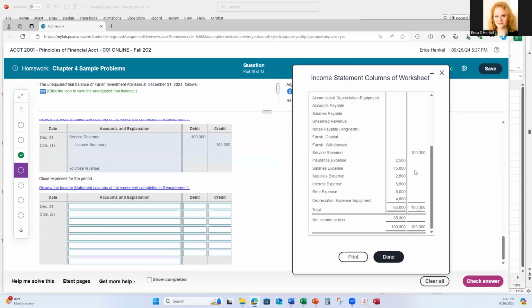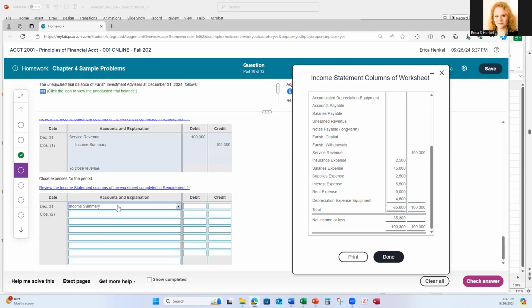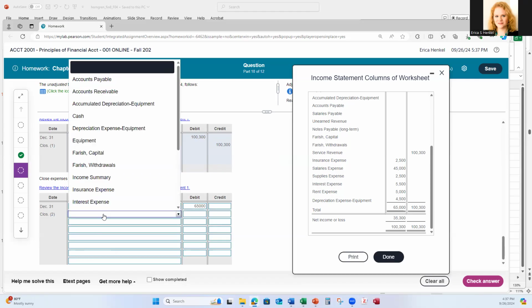All right, and then our next entry, these expenses all have a debit balance, so we need to credit all of those. So we know that if we're crediting these, our debit lines always go first, and we're closing these again into that same income summary. So if we have to credit those, then that means we're going to have to debit income summary. And we have a total of 65,000 of those that we're going to have to close out from our worksheet. So we'll grab that number, and then we're just going to put all of these accounts here in order.